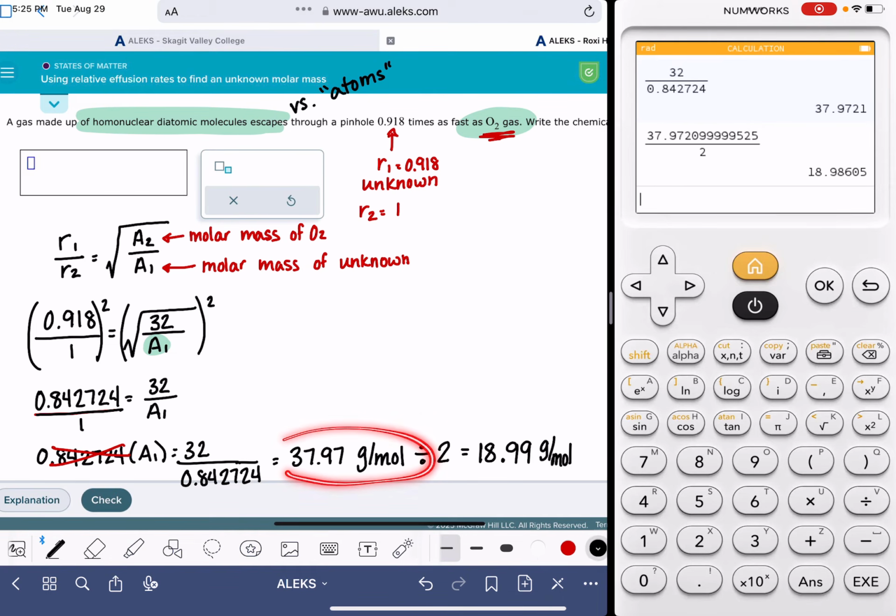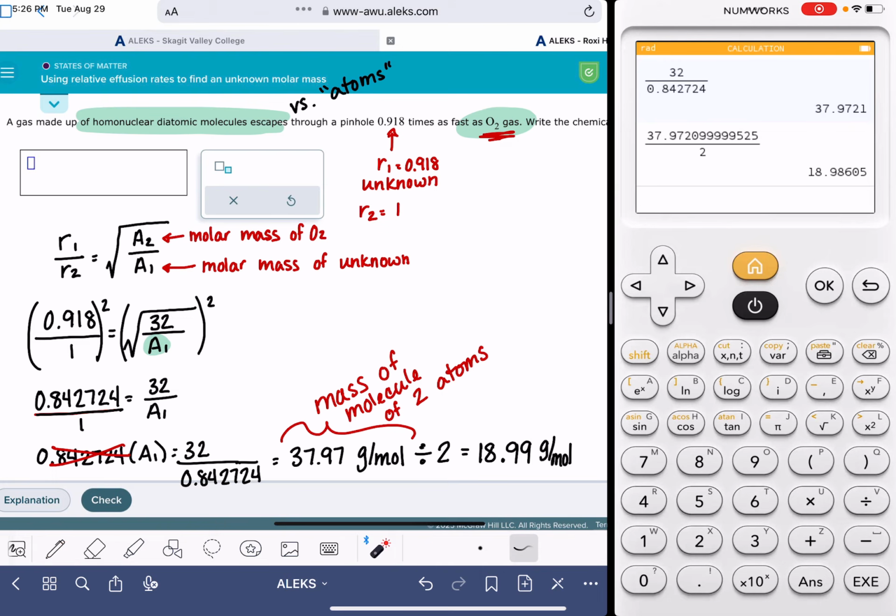And again, that just kind of blew your mind as well. But this right here, for me, is the mass of my molecule that is made up of two identical atoms. And in order for me to know what those atoms are, I need to divide this mass by 2 so that I can figure out the mass of each one atom that is in that particular molecule.